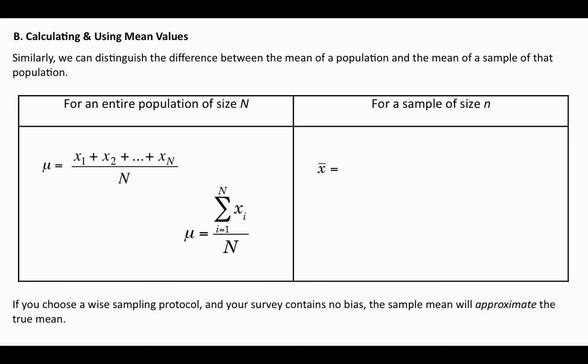Now for those of you who have taken functions, even at the grade 11 level, this notion of summation notation has been introduced. This large symbol, which looks like a stylized E, is actually the symbol for a sum. It's a Greek capital sigma.